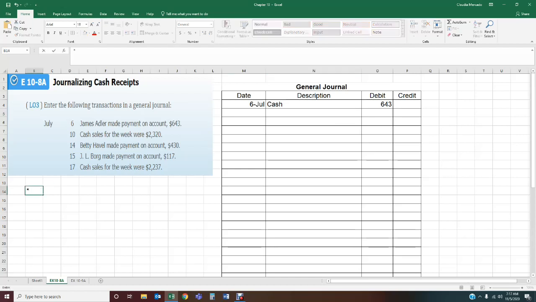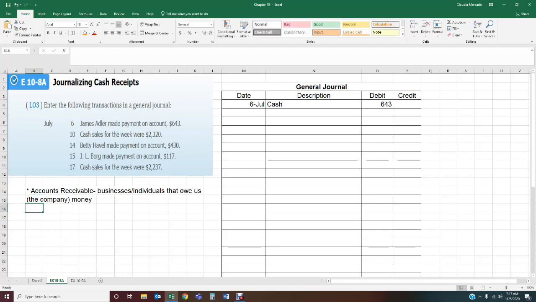Whenever we set up an accounts receivable, this is people or businesses or individuals that owe the company money.